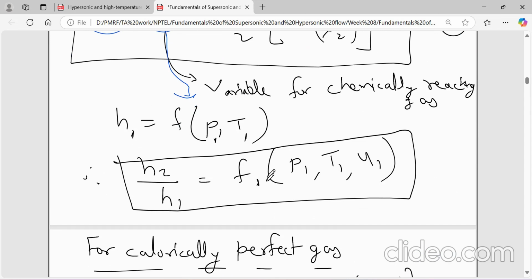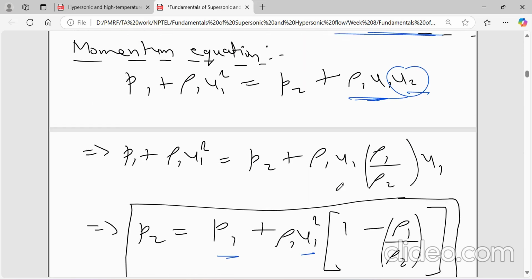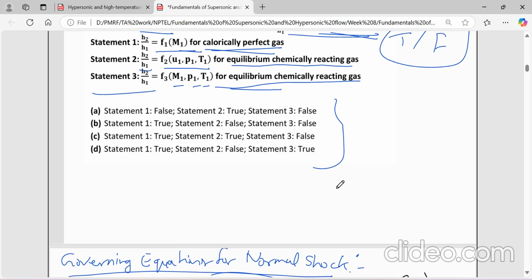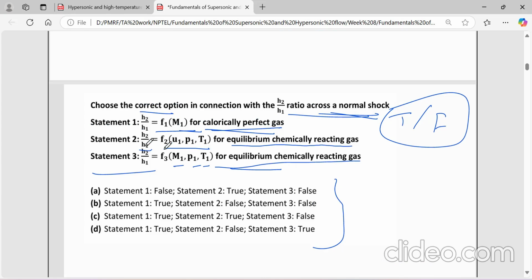So basically this h2 by h1 is a function of only p1, T1 and u1. So for chemically reacting gas, this statement 2 will be true.